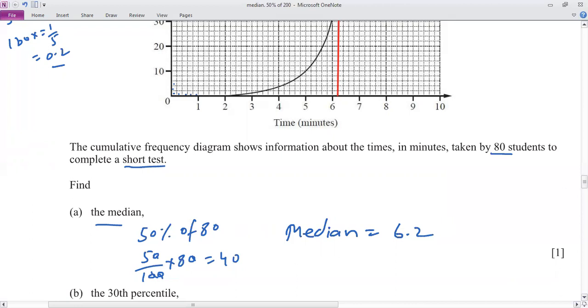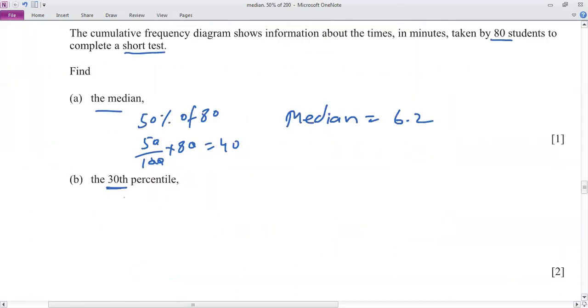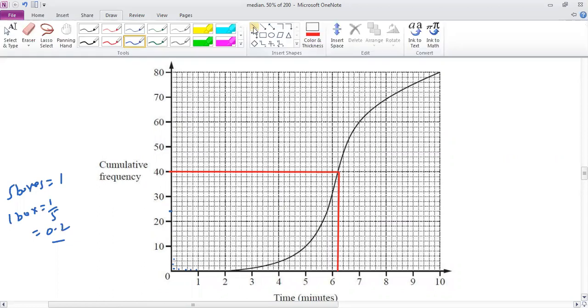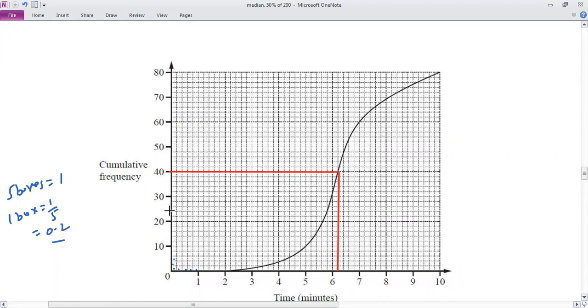30th percentile. 30th percentile means 30%. So first take 30% of the total: 30 over 100 times 80. 0 is 0, 0 is 0, 24. So where is 24? From the cumulative axis, draw the line and come to the horizontal axis. This is 20, 22, 24. From here I will draw the line with 24.